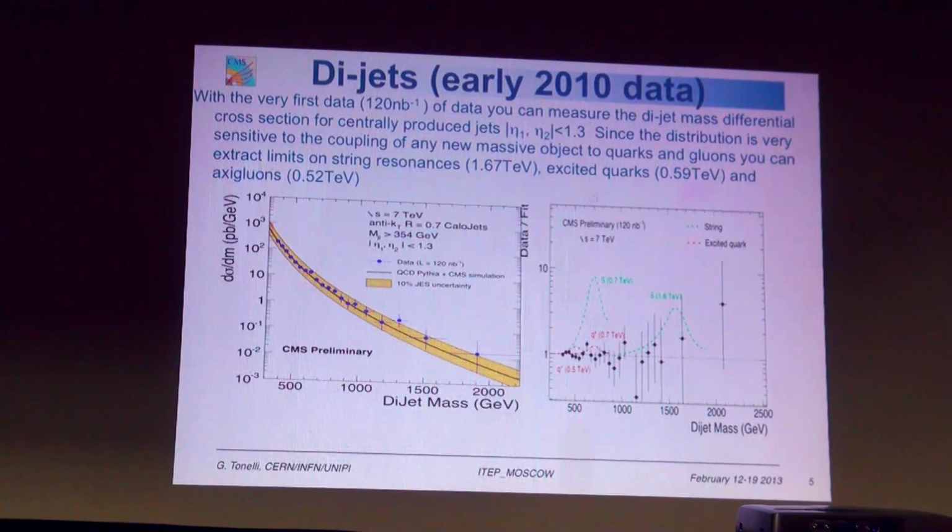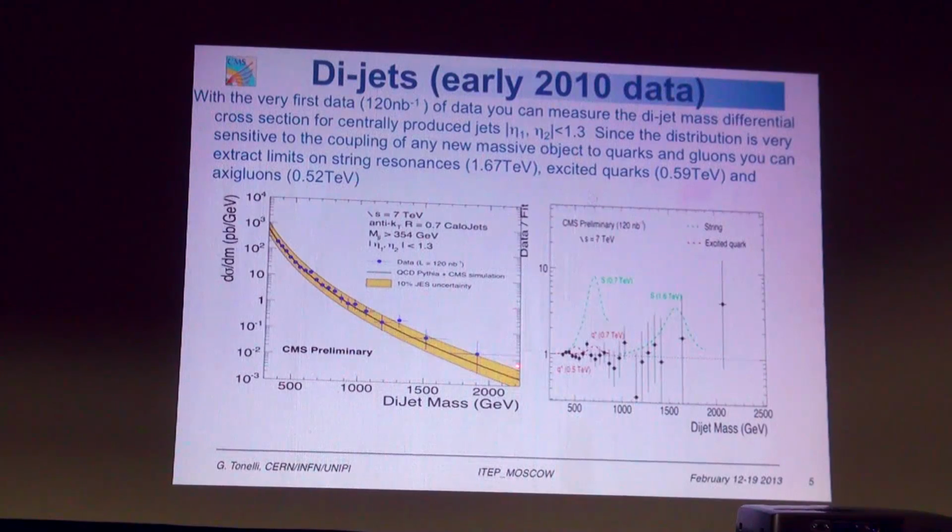And after a few weeks, we were already ready to publish these nice distributions, in which the tool here is the dijet. It's a very simple approach. You identify dijets, and you try to reproduce the differential cross-section versus mass.